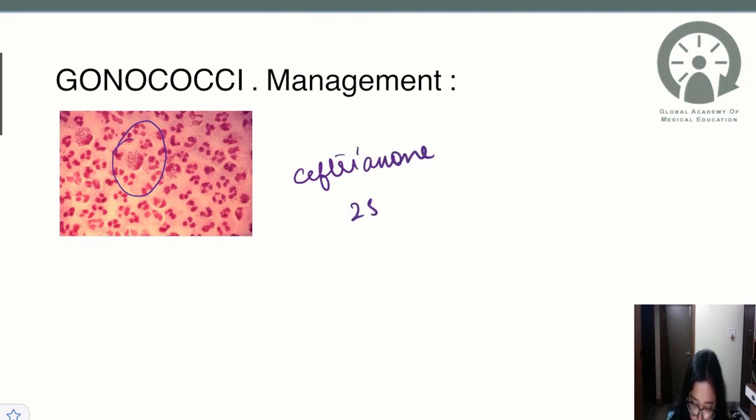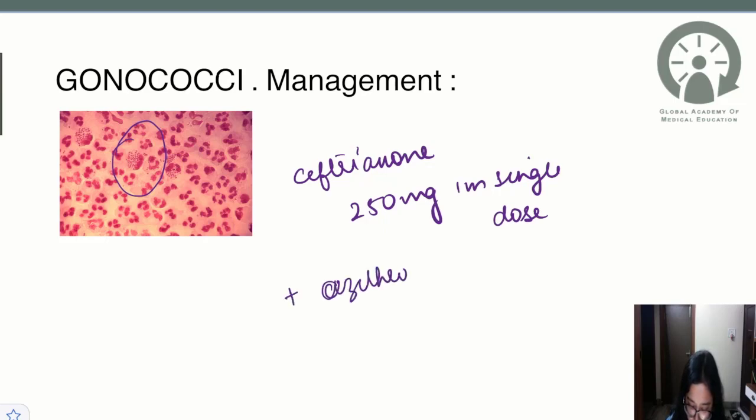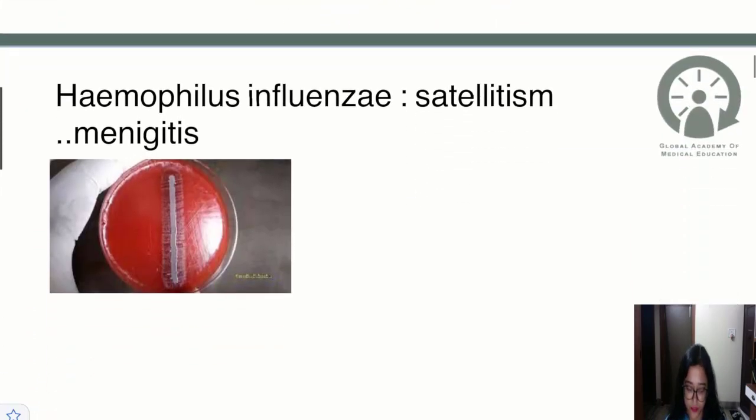Ceftriaxone at a dose of 250 milligram IM in a single dose, and if it is associated with concomitant chlamydial infection, then we will add azithromycin, which is a macrolide antibiotic, 1 gram dose, orally. We'll move on to the next question.